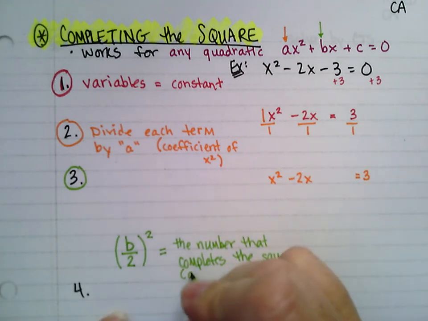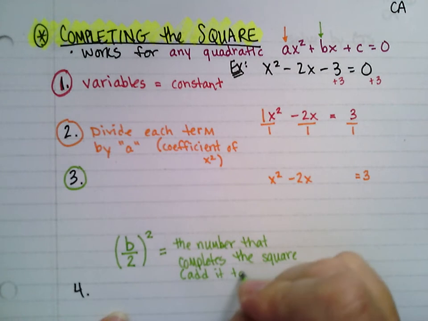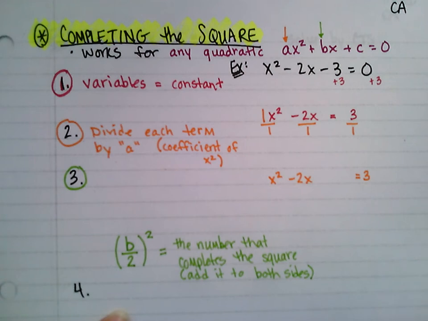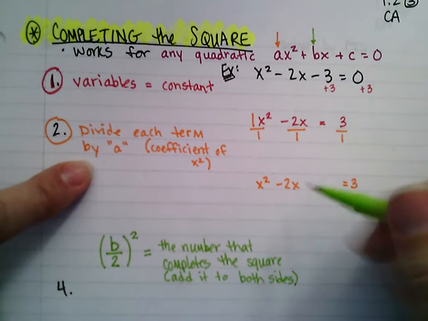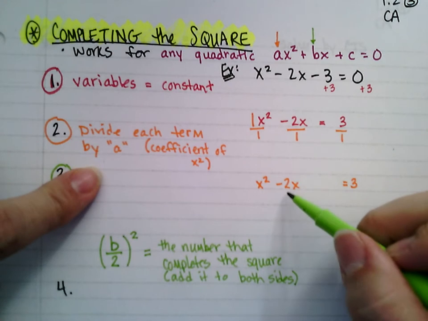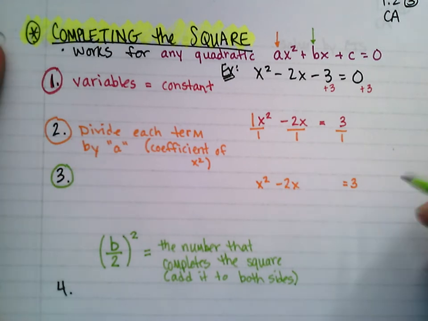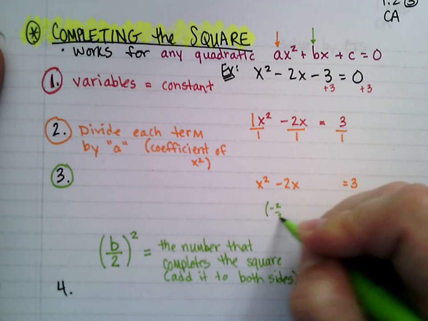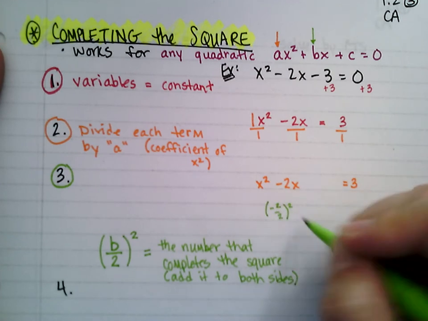And we are going to add it to both sides. Okay, I'm going to write some words up here in a second, but first let's do it. So we are going to take b, which is negative 2. We're going to divide it by 2, and we're going to square it. So I'm going to go negative 2 divided by 2 squared.